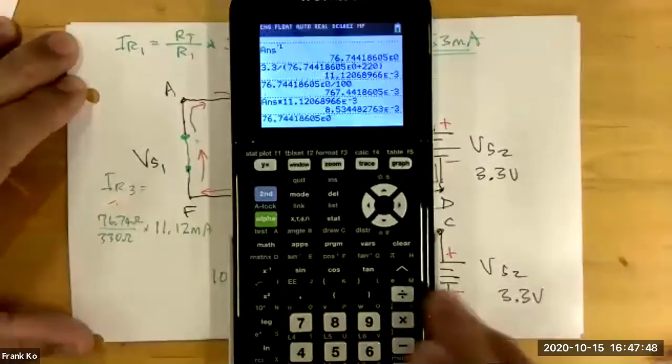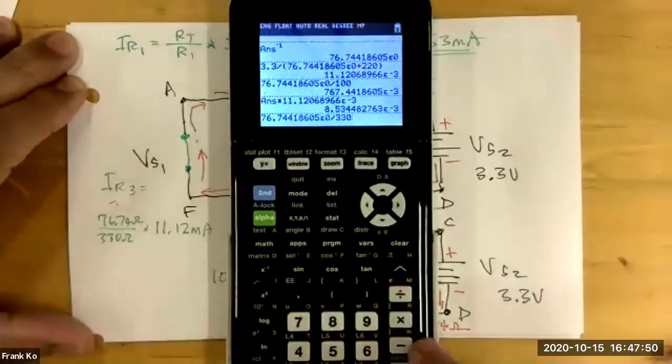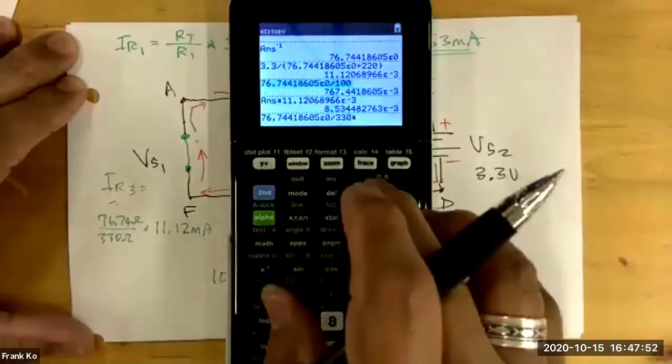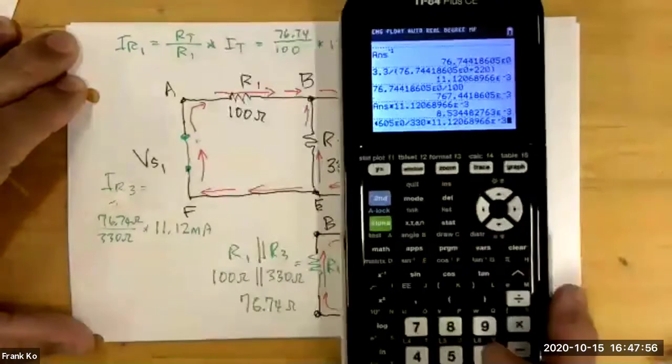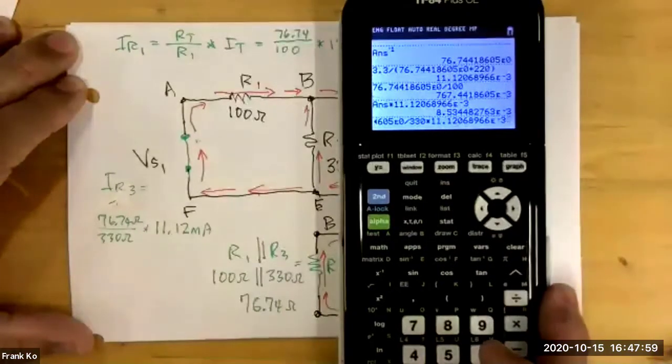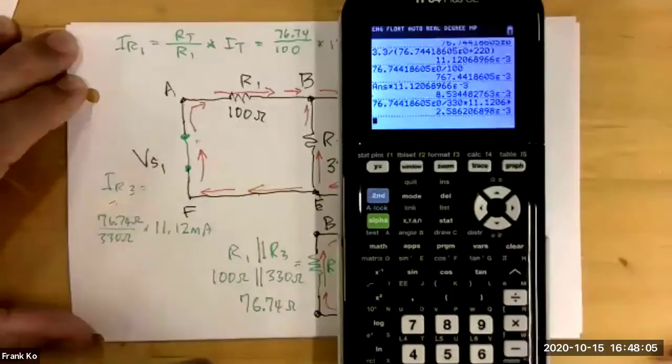So let's go ahead and do the math on this. Take our 76.74 ohms, divide by 330, and multiply by our current. And what do you calculate that to be, Jacqueline? 2.69 milliamps.